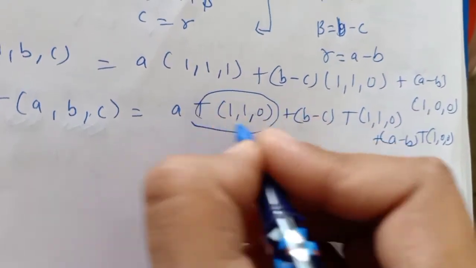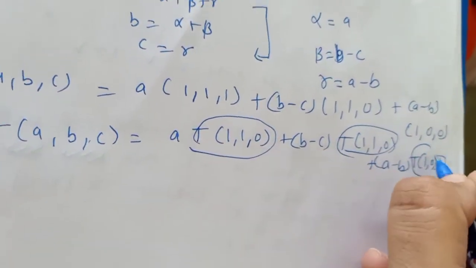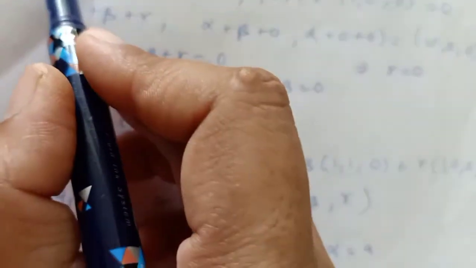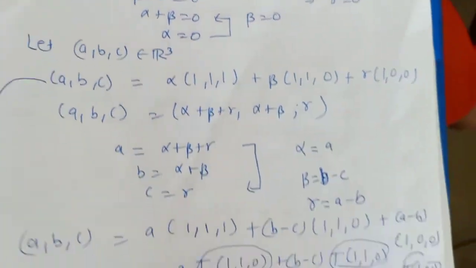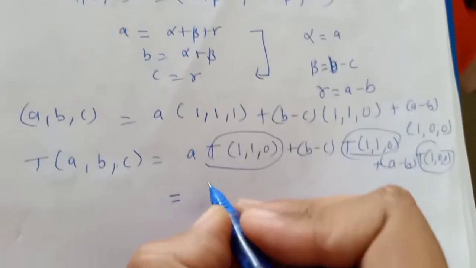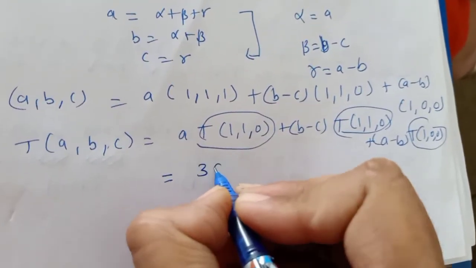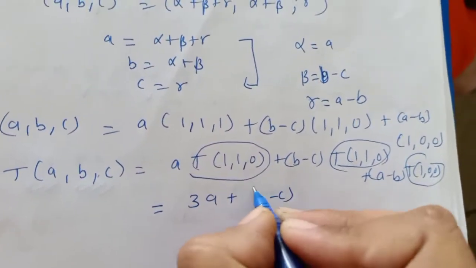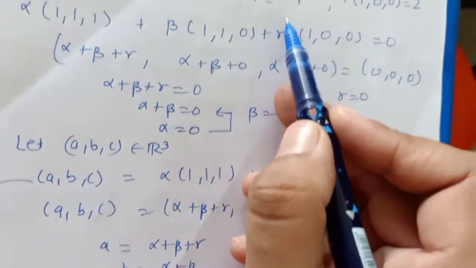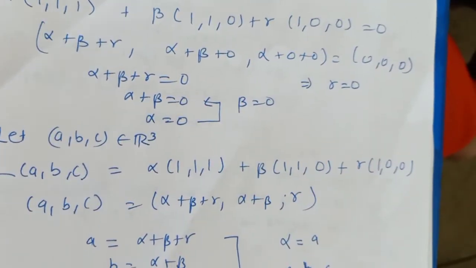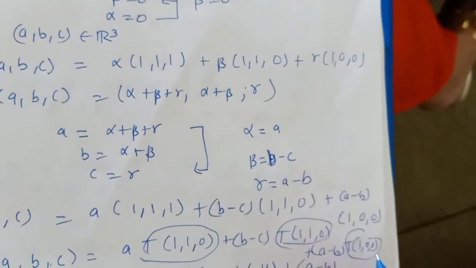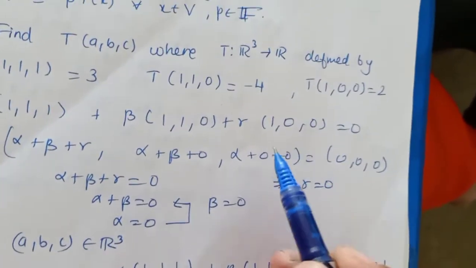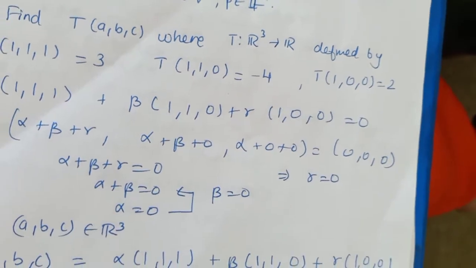Now these values we are given in the question, so let us put the values here. So this is 3 times a plus b minus c, this value is given to be minus 4, plus a minus b times T of (1,0,0), which is given as 2 in the statement.